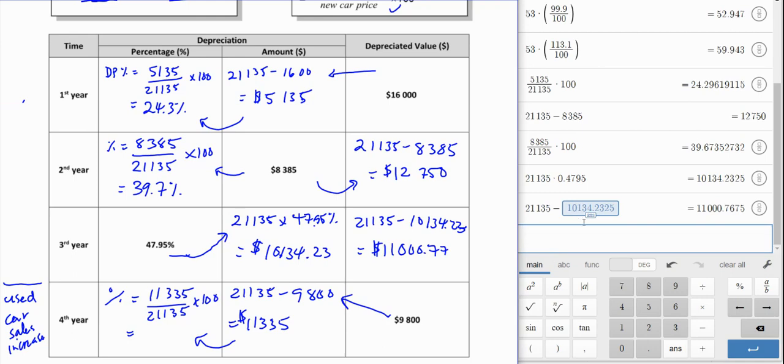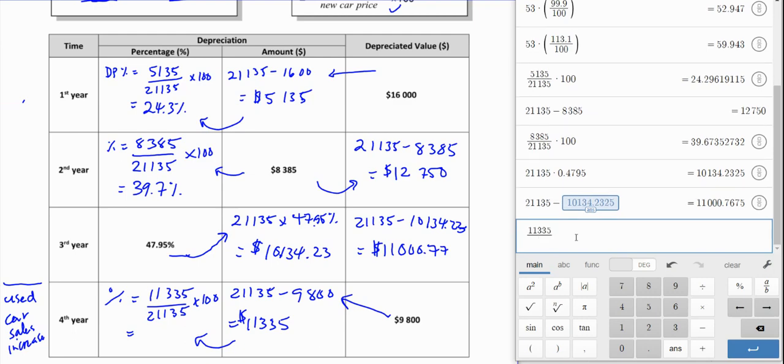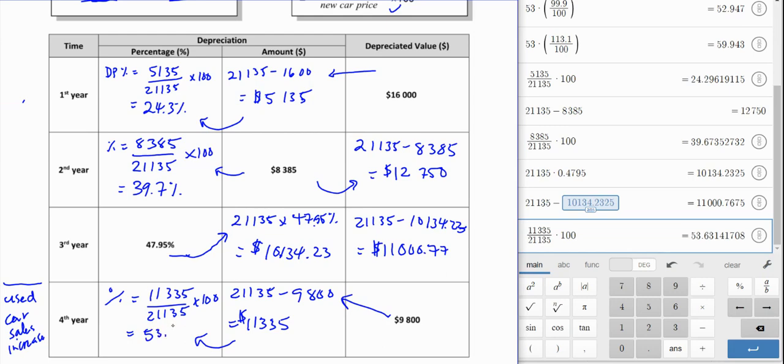Okay, so 11,335 divided by 21,135, multiplied by 100 is 53.6%. This is how much we've deducted. So we've now taken off over half the car price. And we can see that because 9,800 is less than half of the original price.